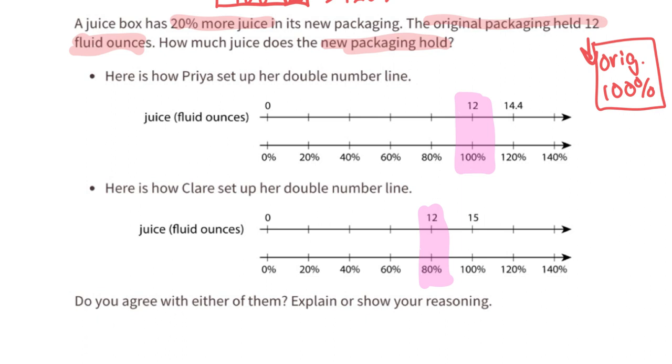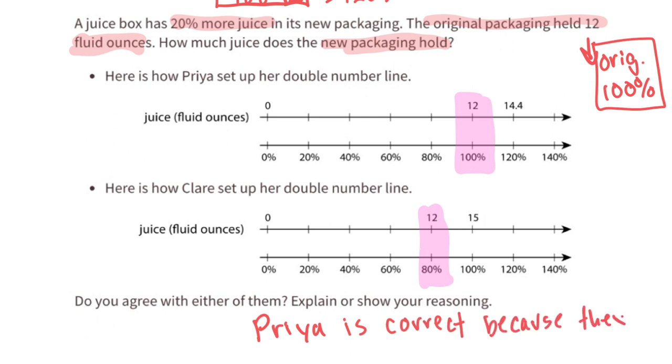So without doing any math, we already know who has set their number line up. Priya is correct, because they put the 12 on the 100%.